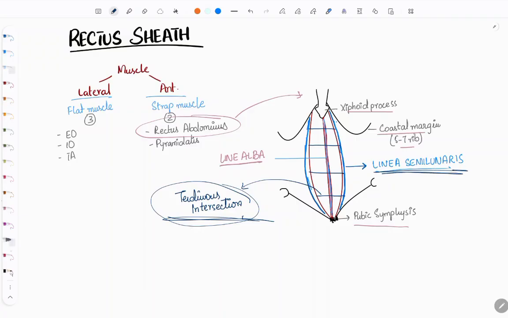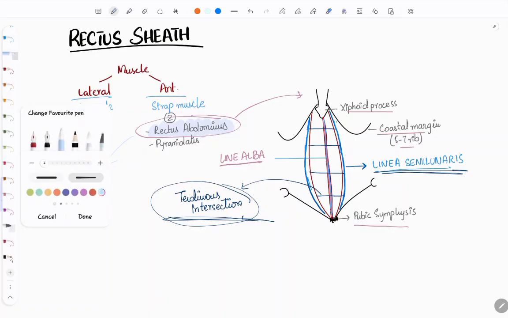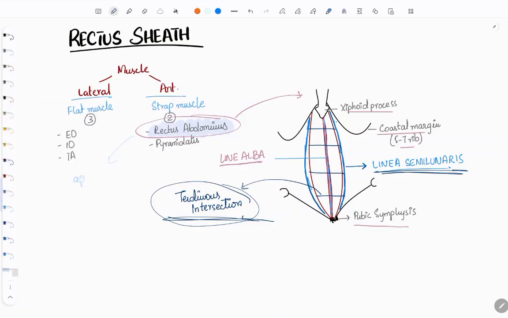The rectus abdominis is covered by the aponeuroses of the lateral muscle group.